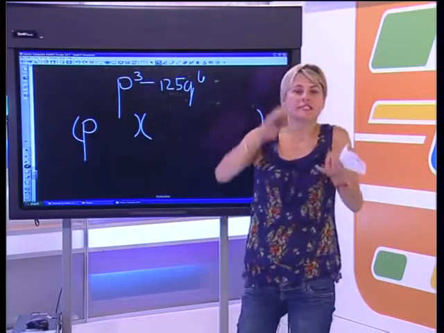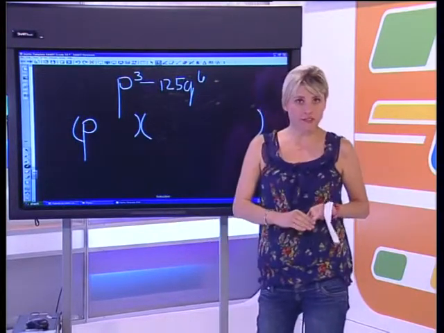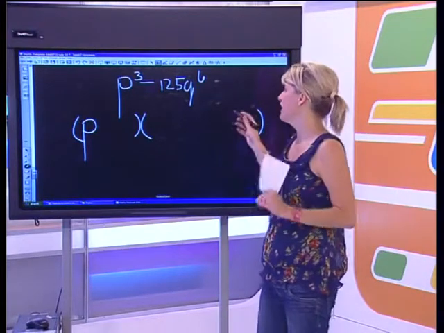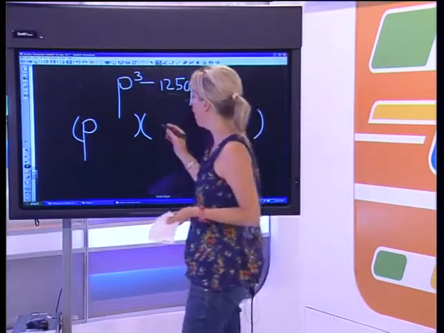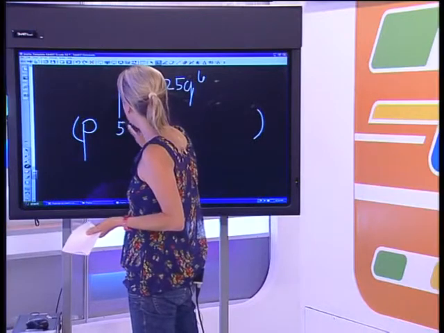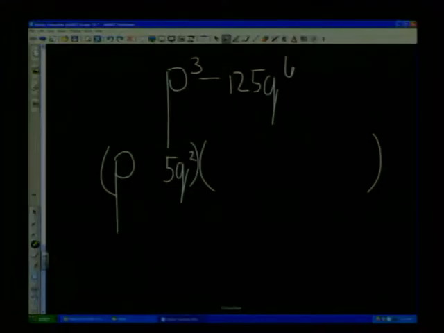So what times what times what, in other words, will give me 125 q to the power 6? And the answer is 5q squared. Because if I multiply 5q squared with another 5q squared with another 5q squared, I will get 125 q to the power 6, right? So the sign in between is going to be a minus, and with that, I've got my first bracket sorted out.